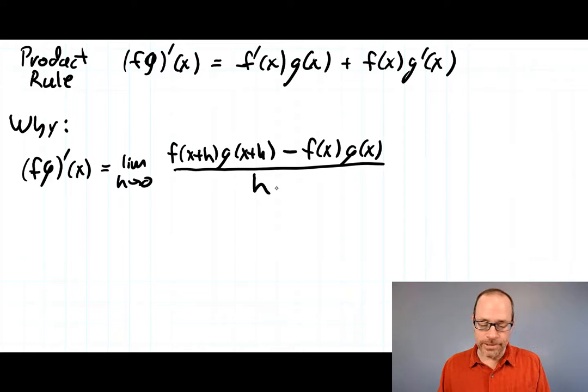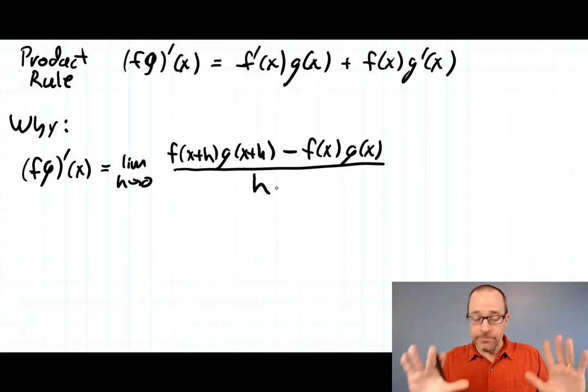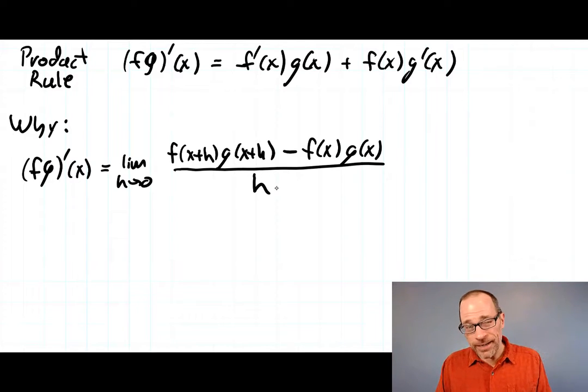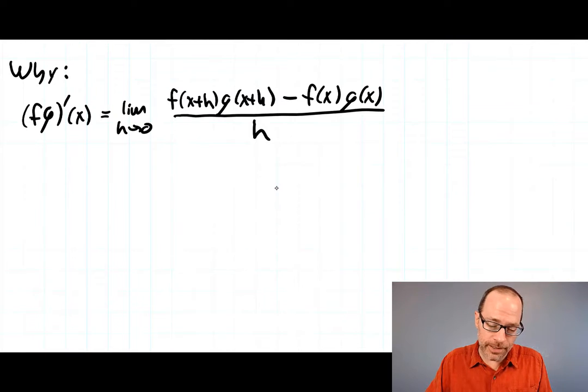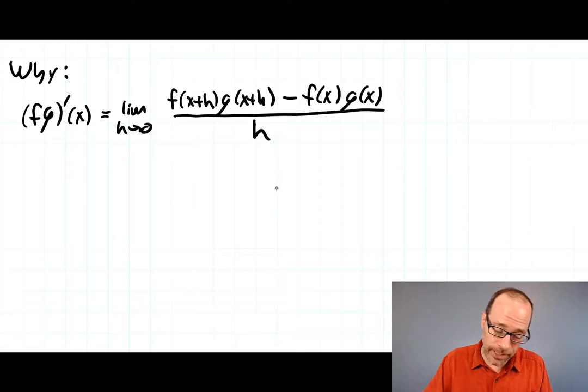All right. So that's the definition. It's what it is. But to do anything more, we're going to have to be kind of creative because there's nothing obvious happening right now.